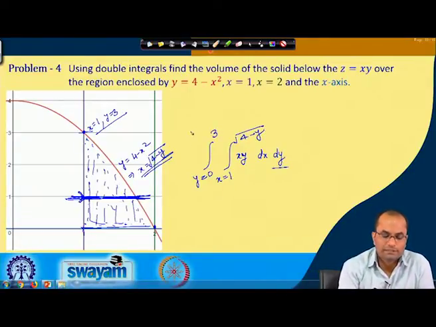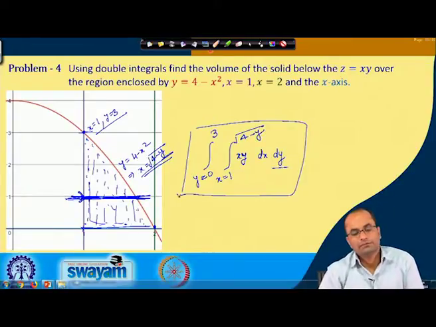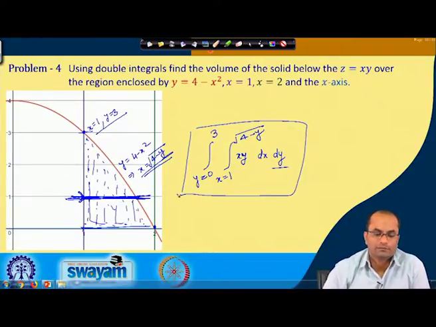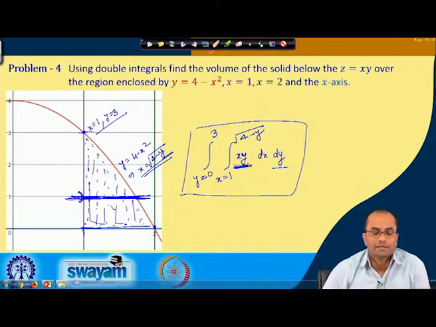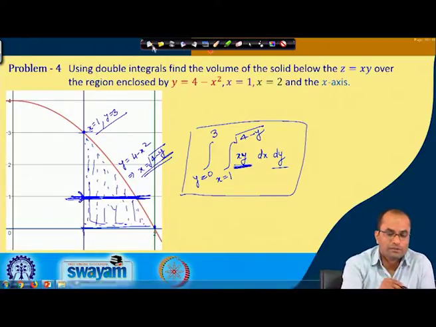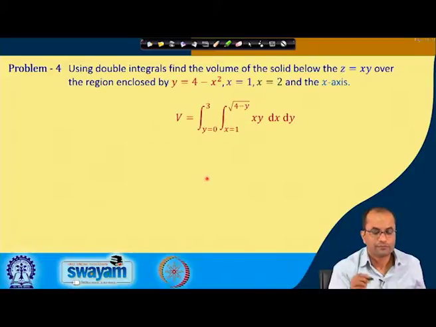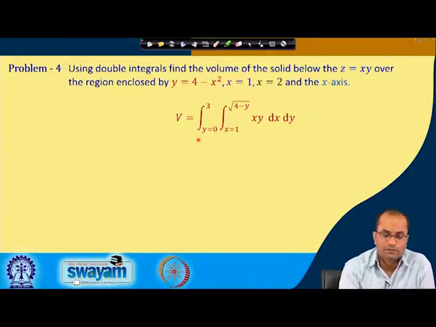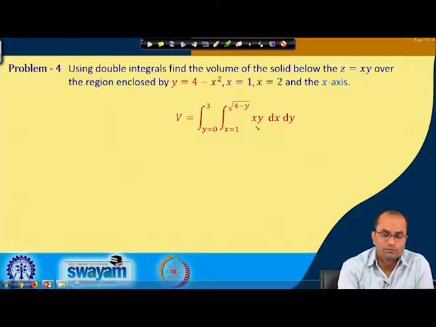So, this is the integral we want to evaluate, and that will give us the volume of the solid below the surface z equals xy, which is the integrand. Now let us evaluate this integral. The limits are x from 1 to the square root of 4 minus y, and y from 0 to 3.